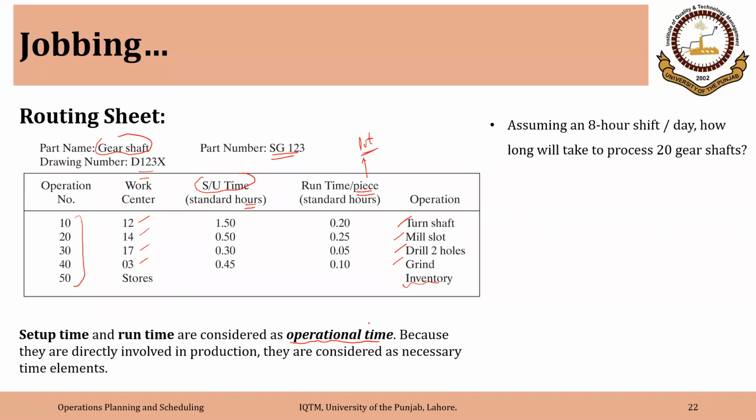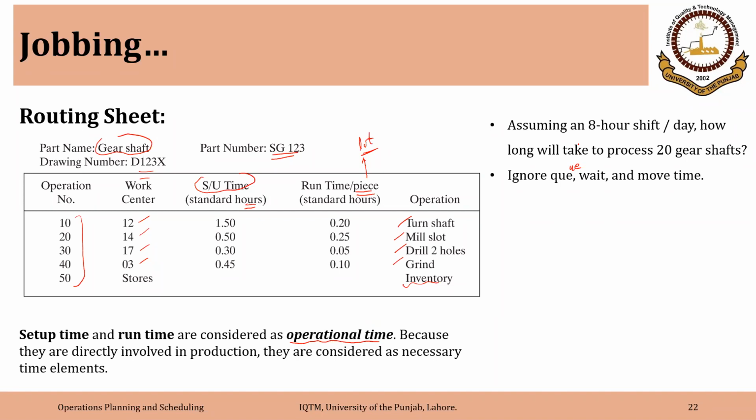So these are called operational time because they are directly involved in production. They are considered as necessary time elements. So a very simple question: assuming an 8-hour shift per day, how long will it take to process 20 gear shafts? And sorry for the spelling mistake. So for the sake of simplicity, ignore queue, wait, and move time.